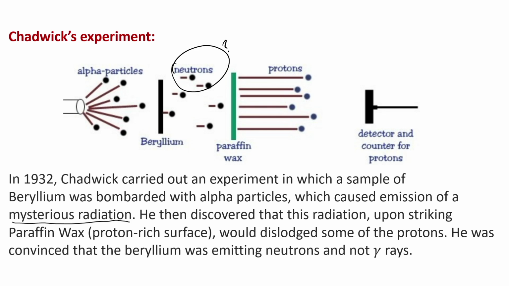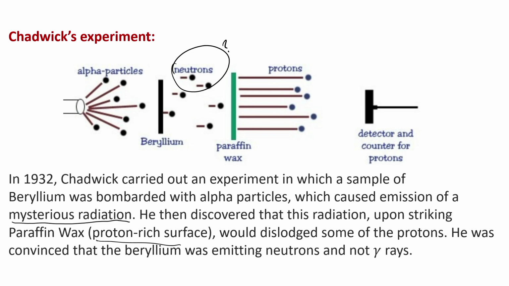And then, to eliminate the possibility that he was really getting gamma rays, he made the emergent particles incident on this paraffin wax, which has a lot of protons. So, it is a proton rich surface, and this would have dislodged some of the protons because of these highly energetic particles, and these emerging protons were later detected by this detector.